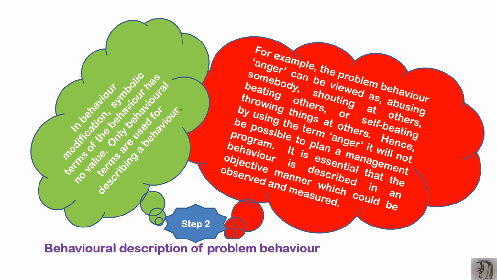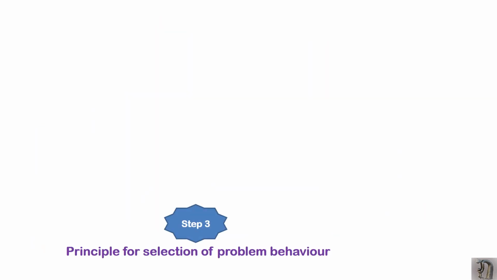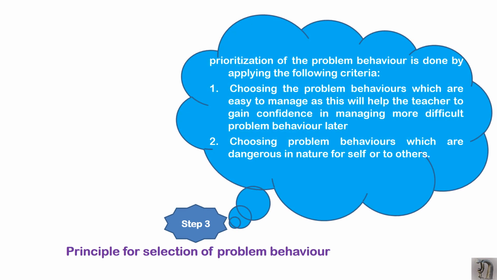Once you have screened and described the behavior, the third one is the principle for selection of problem behavior. Now you have a series of problem behaviors. How do you select among them? You need to prioritize the problem behavior, so you need to follow certain criteria.